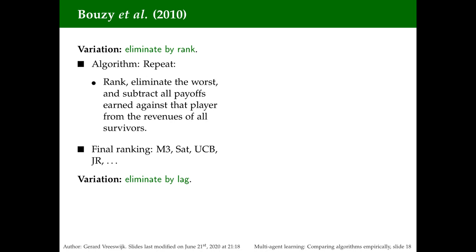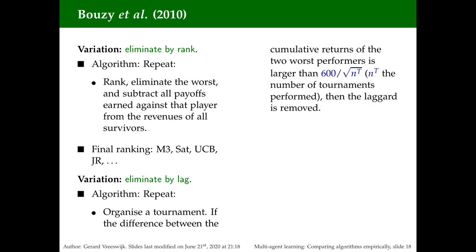The other type of knockout tournament was to eliminate by lag in performance. If the difference between the cumulative returns of the two worst performers, after repeatedly organizing a tournament, is larger than some threshold, which is empirically determined I suppose, then the worst performing algorithm is removed.